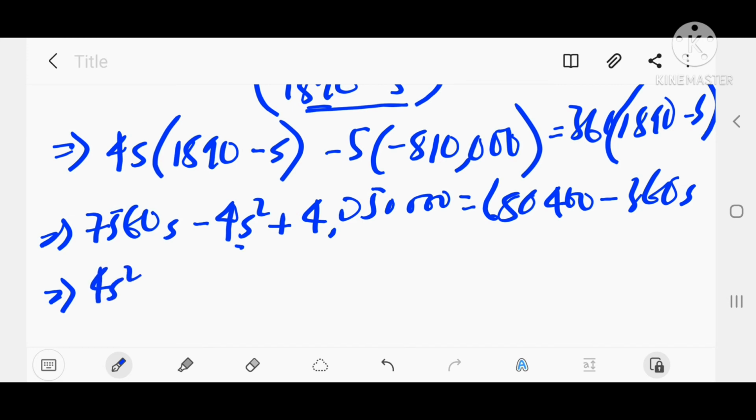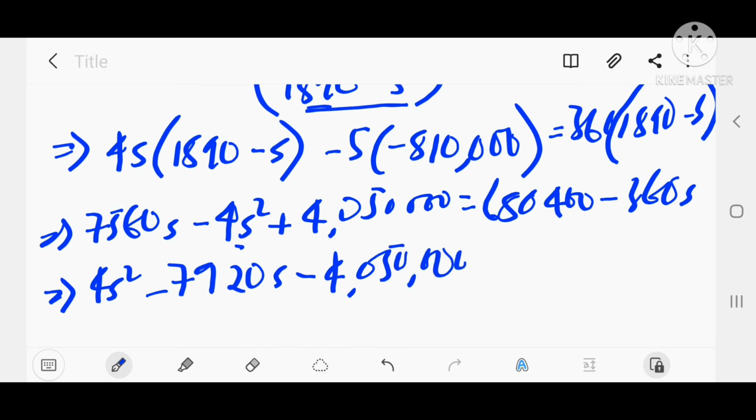So bringing all of them together and simplifying them, we have 7920s, then minus 4,050,000, plus 680,400, then equals 0.